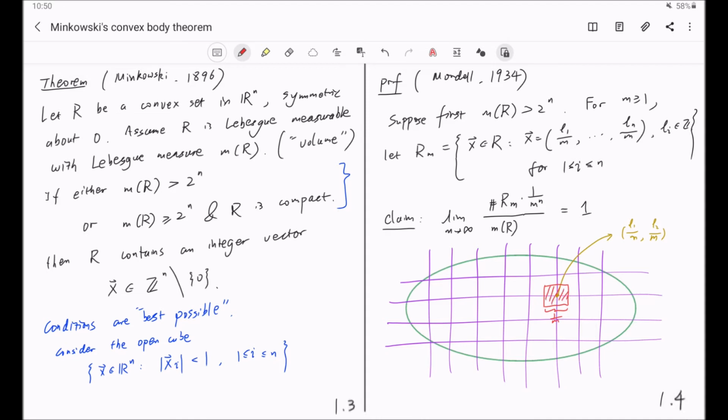This is just one example. Actually, you're going to put those little squares everywhere, centered at those points that lie in R, and the denominators of each coordinate are all equal to m for each point.